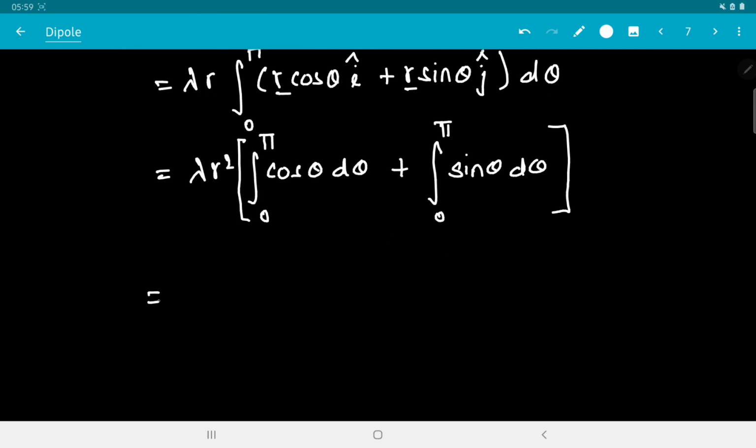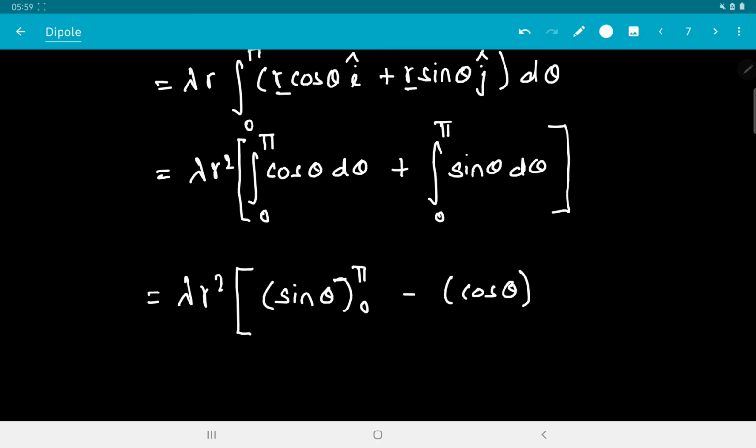That means we are going to get sin theta from 0 to pi and minus cos theta from 0 to pi.